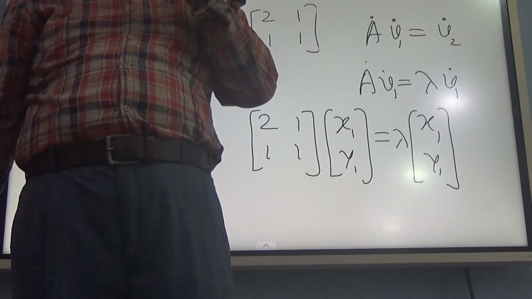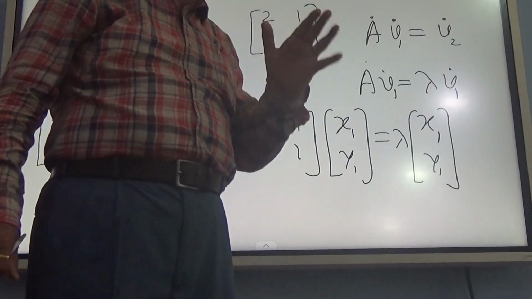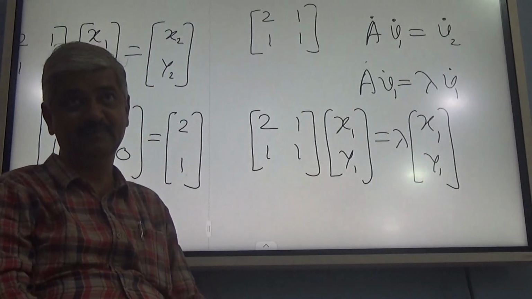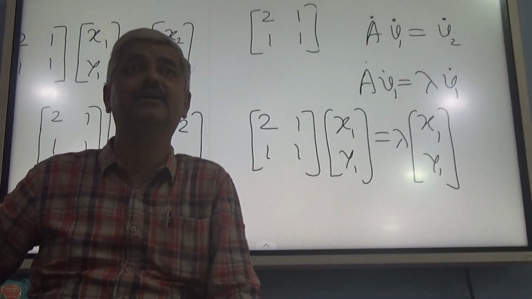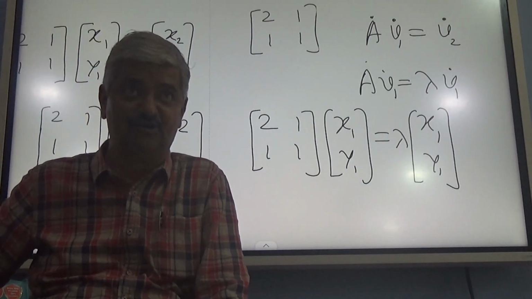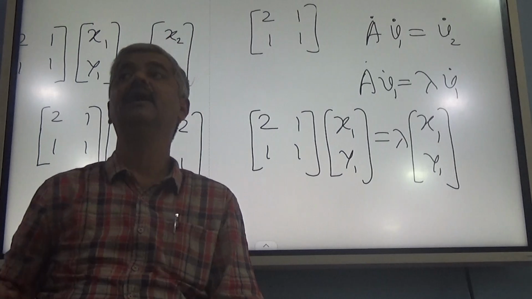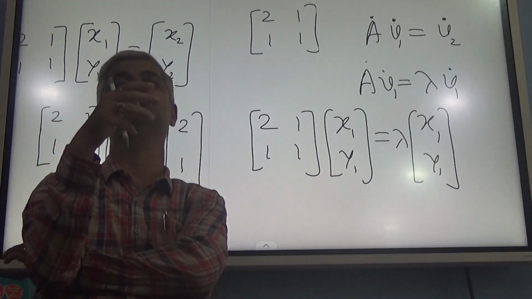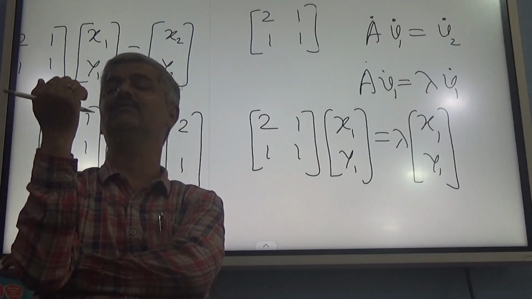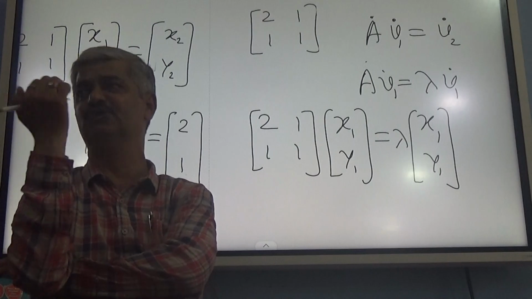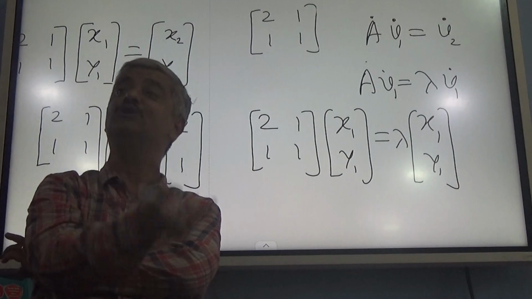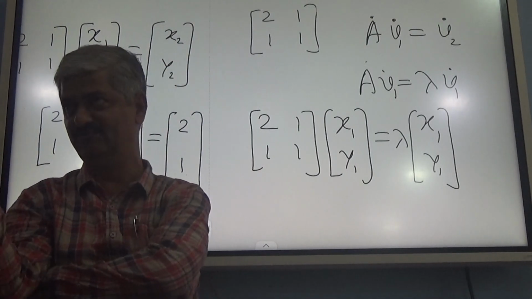Let me say this in simpler words. In a linear transformation, what are we doing? A vector, that is an ordered pair, in 2D we transform one ordered pair into another ordered pair. In this transformation, when I transform a point (x1, y1) into a point (x2, y2), x2 is a linear combination of x1 and y1, and y2 is also another linear combination of x1 and y1, right?